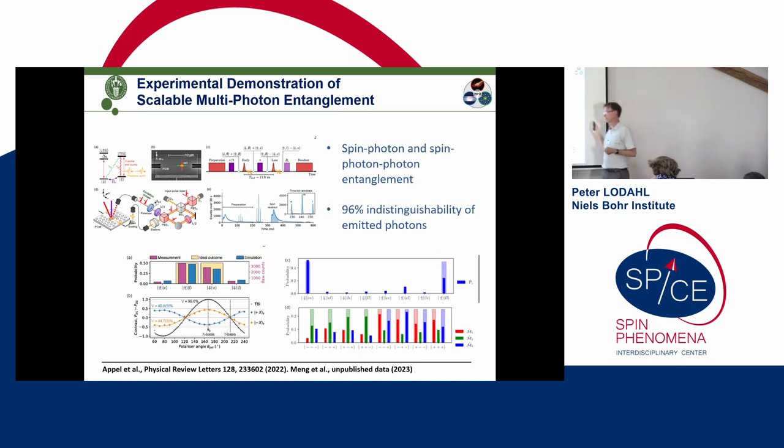Particularly in this implementation, a technical thing is that we can apply a large magnetic field so that you actually have high indistinguishability of the photons being emitted as well, while previous works by other groups have been working in either zero magnetic field or very low magnetic field, where you don't have this indistinguishability. And that's key for the reason I just said. Eventually you want to take these cluster states and chop them up and interfere them with each other to grow larger entangled states.